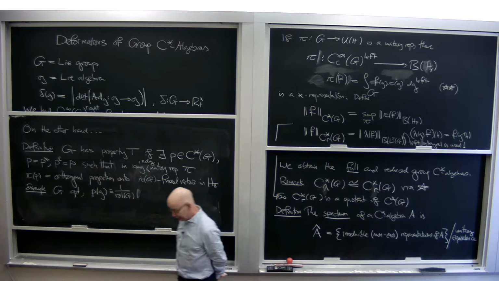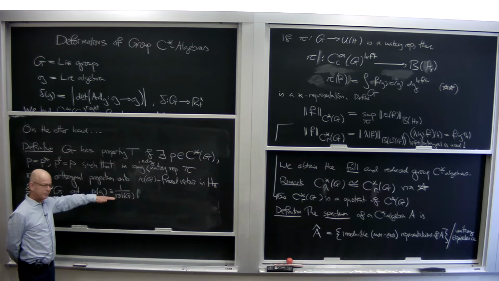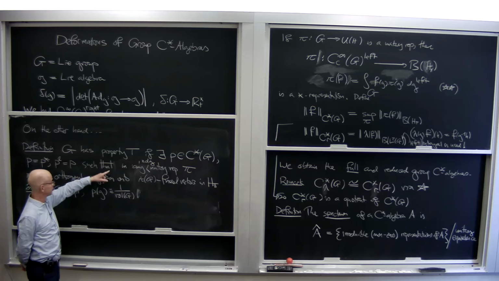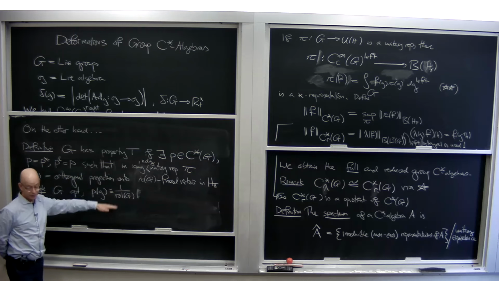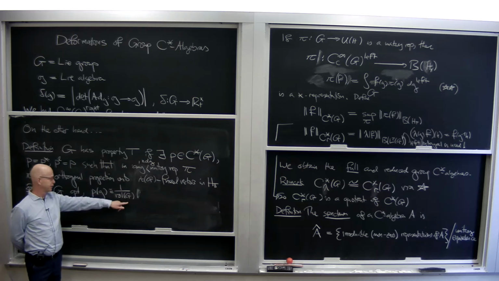Conversely, this is it. There's only one possible function you can write down which has the right property. This projection P is the unique one which has this property, and that's easy to see. And if the group is not compact, it's going to be a little difficult to make this construction because the volume is infinite.